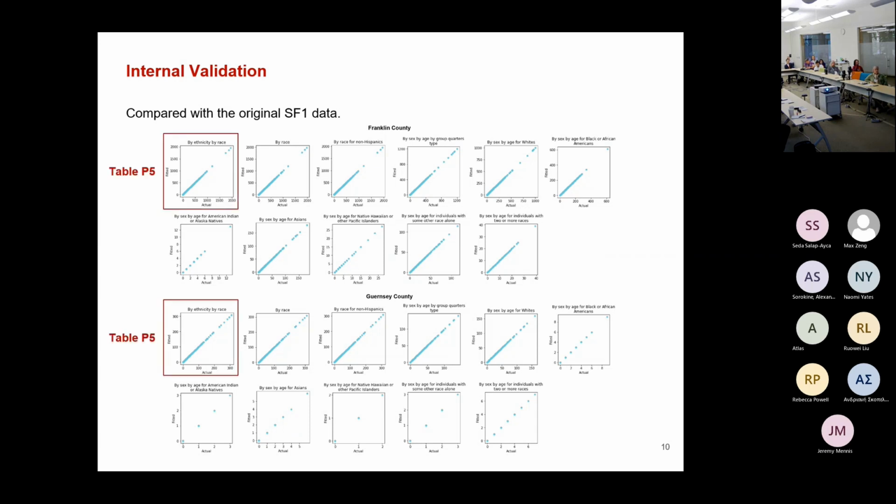If we just focus on the plot for table P5, we'll be able to see that the data points mostly lie in a straight line. And we also compute the correlation coefficients between these two sets of data, which is 1, and is the same for the rest of the subplots. And the results here suggest that our synthetic data can well represent census data.